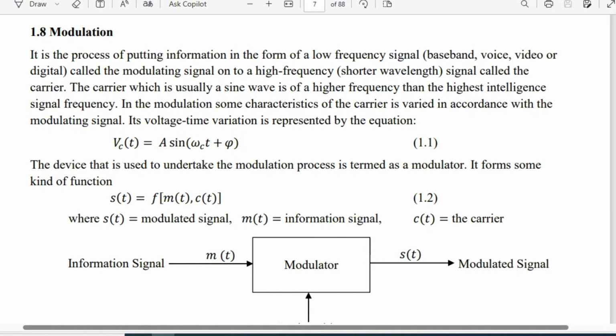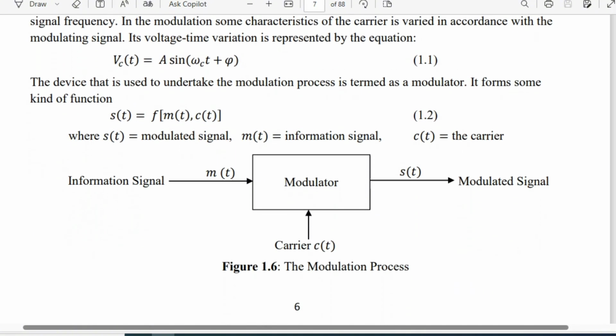Then we go on to the block diagram explanation. The block diagram shows the information signal M of t and the carrier signal C of t being input into a modulator. As you can see there, the modulator combines them to produce a modulated signal which can then be transmitted.